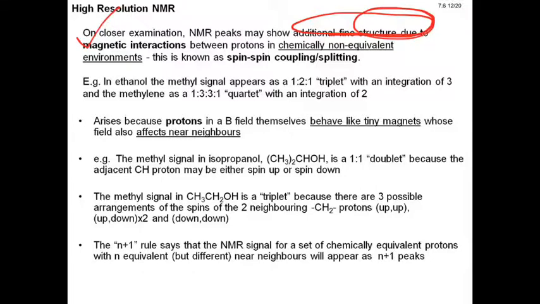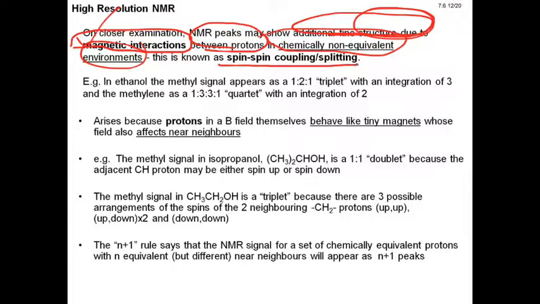They start to split these peaks, and this is because of magnetic interactions between protons, adjacent group protons in the immediate next door neighbour group, in chemically non-equivalent environments. This is known as spin-spin coupling or splitting, and I'm going to explain this in a minute.